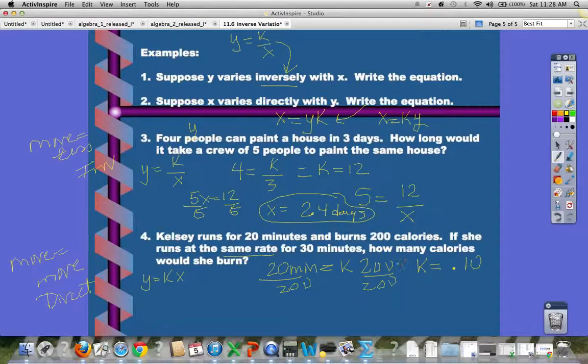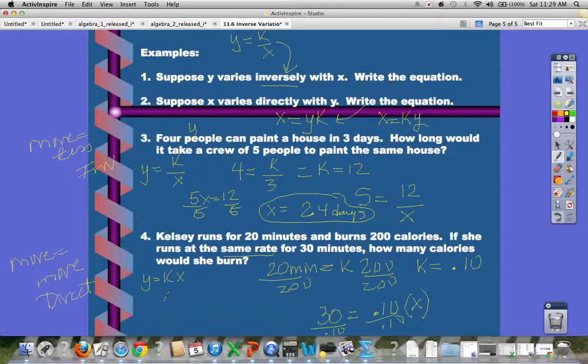All right, so now it says, if she runs at the same rate for 30 minutes, how many calories would she burn? All right, so 30 minutes equals, now we know what k is, 0.10, and we don't know how many calories. All right, so now we're going to divide by 0.10.